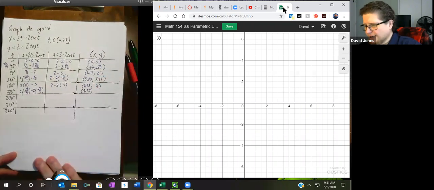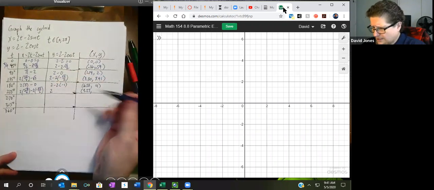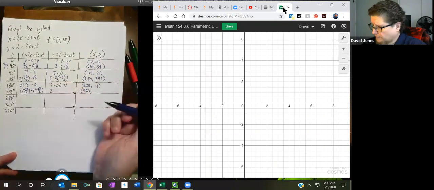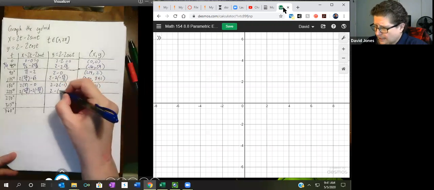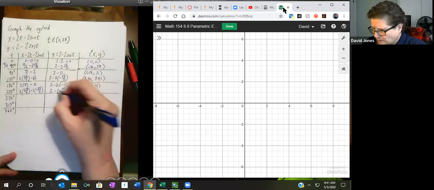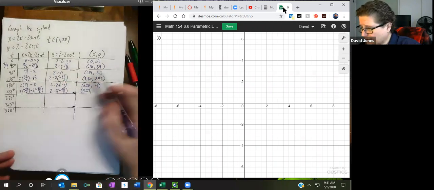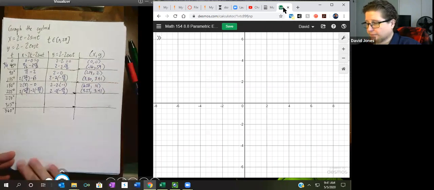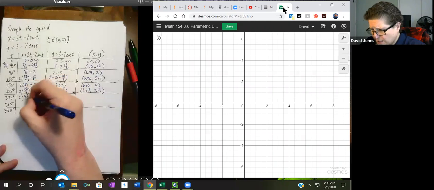And the x value is going to keep increasing because t keeps getting bigger, but sine t is capped. And here we've got 2 minus negative root 2 over 2, which is 2 plus that. We just had that here. That's 3.41. Looks like the y value is starting to go back down. 270 degrees. This is 3 pi over 2.